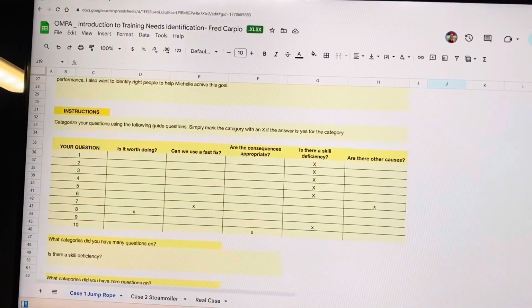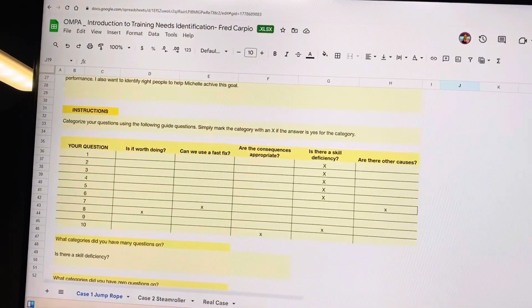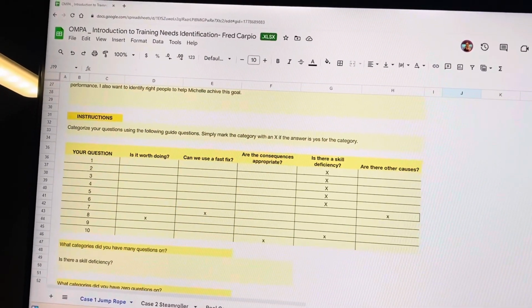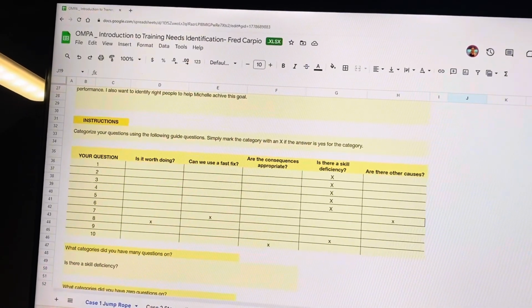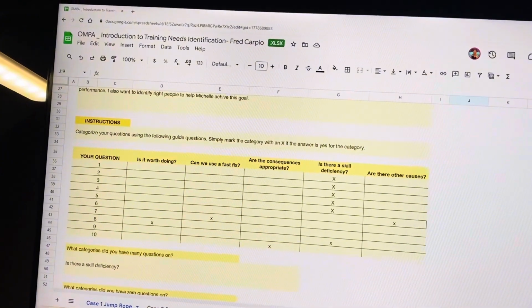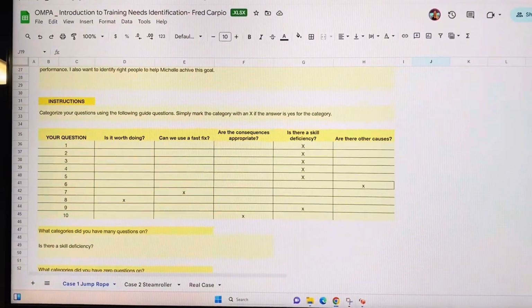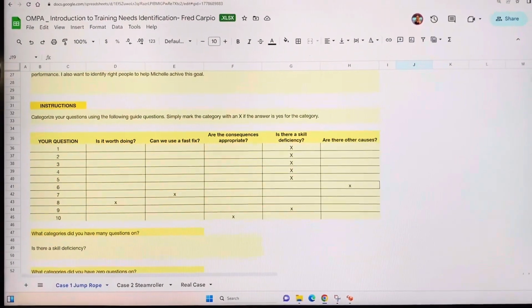Let me just read through the other causes again just to make sure. For other causes, it says here: can the task be made easier, or are there any other obstacles that Michelle has?